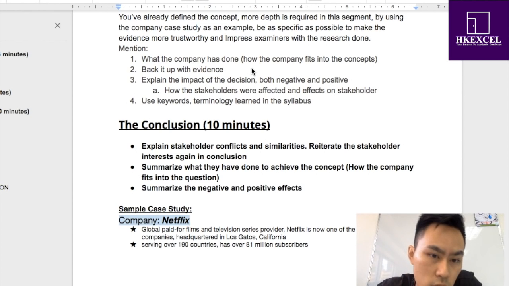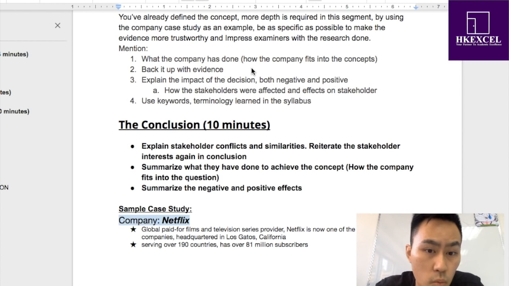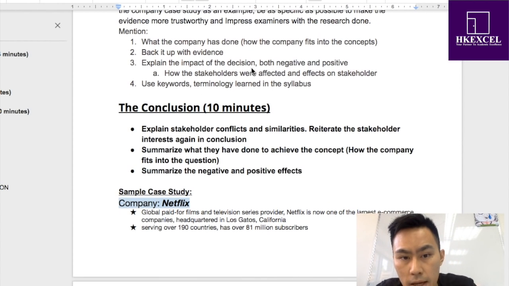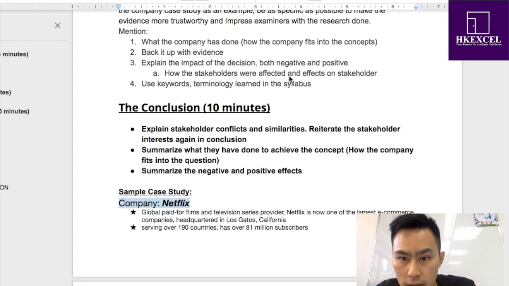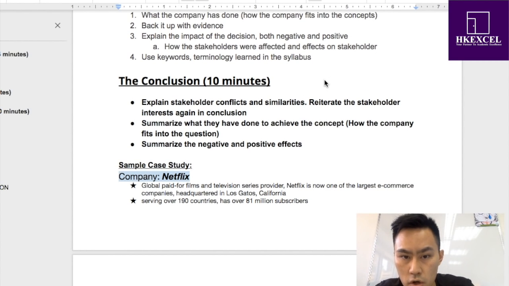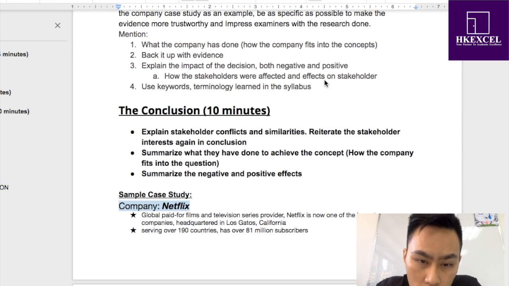So for example, in 2014 or 2015, the company expanded to which country, and then they set up a training system for that, yeah. And explain the impact of the decision, both negative and positive. So how the stakeholders were affected, with examples, yeah. And use keyword terminology learned in the syllabus, not just general wording.